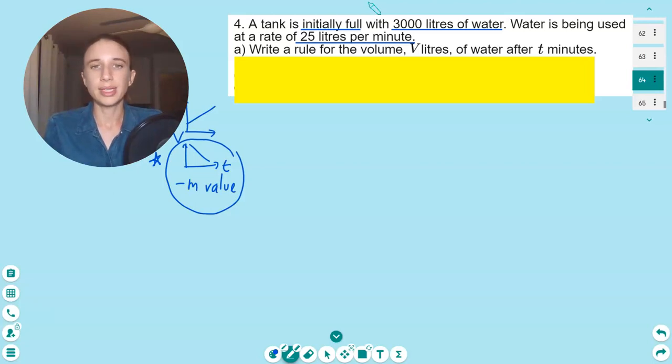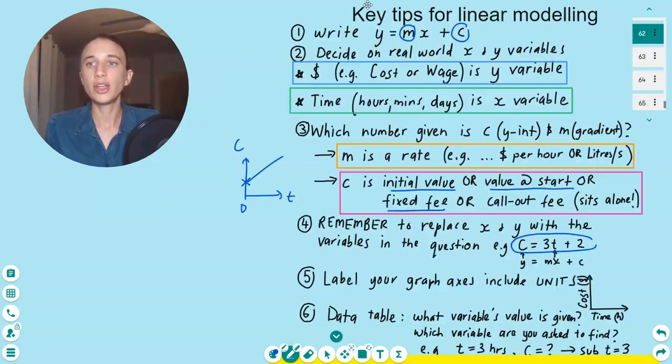So write a rule for the volume of water after T minutes. So it's a linear equation because the unit is on linear equations, so we'd hope so. Write that general formula. And now we've got to work out, okay, our key variables from the question. Now, initially full with 3,000. Wherever you see initially, that is a key to your y-intercept.